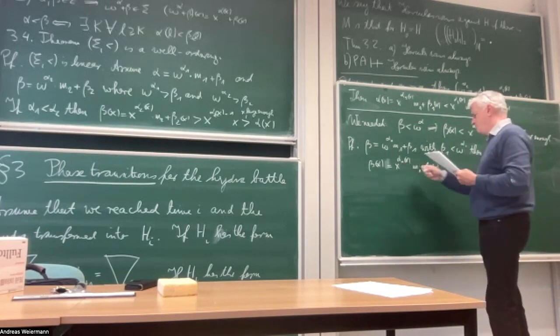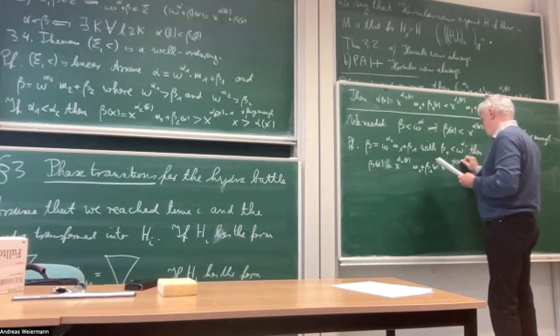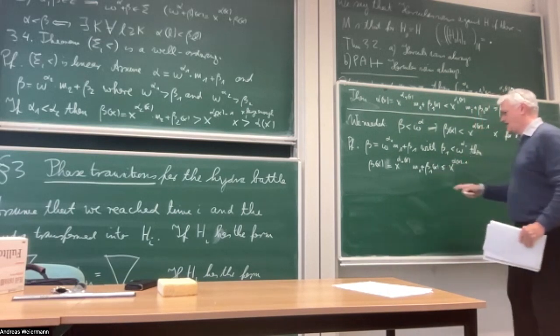Now this one here is bounded by x to the alpha of x minus 1, for large enough x.